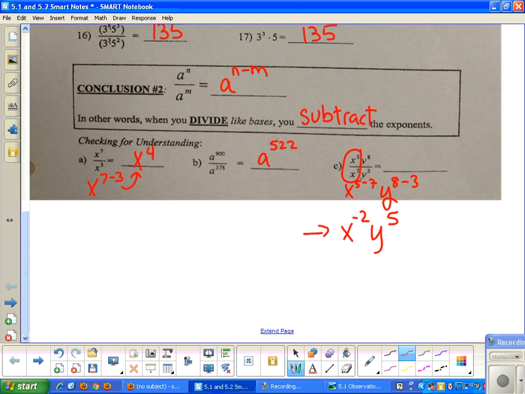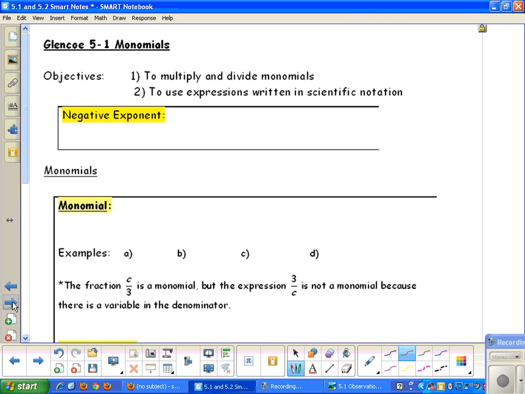So this is going to change into y to the 5th divided by x squared, and this will be the correct solution, and we'll talk about the property that moves the exponents to the denominator in just a minute. If you didn't get any of those, make sure you change and fix your answers.